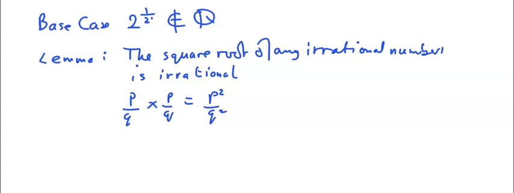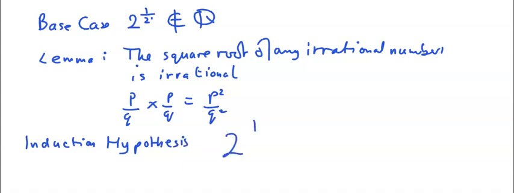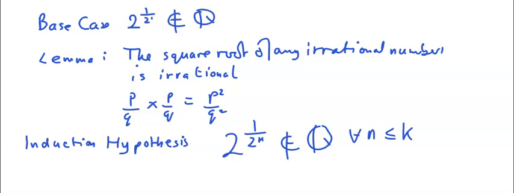We've established the base case that 2 to the power of a half is not rational. We now state the induction hypothesis, that 2 to the power of 1 upon 2 to the k is irrational for all n less than or equal to some integer k.